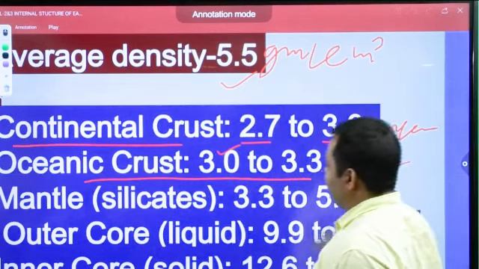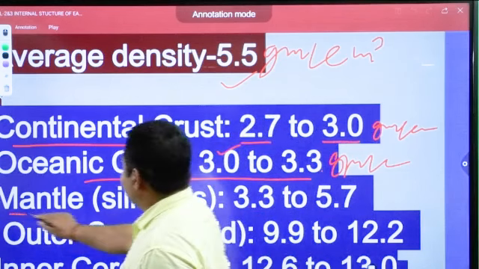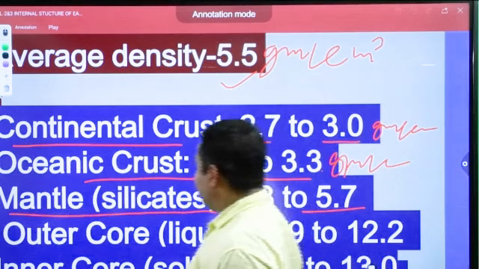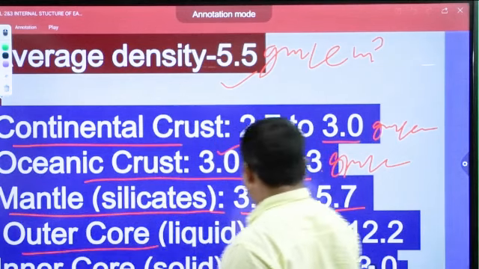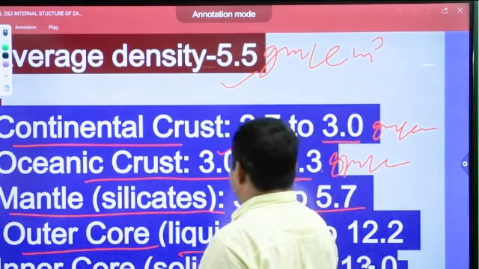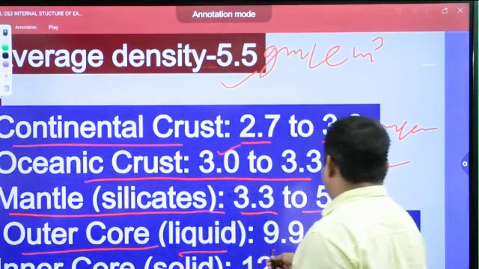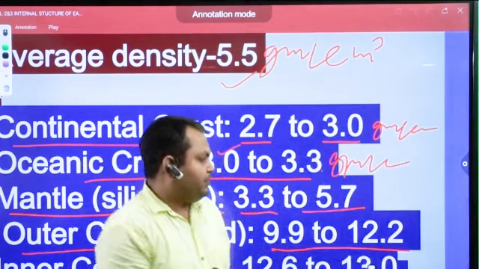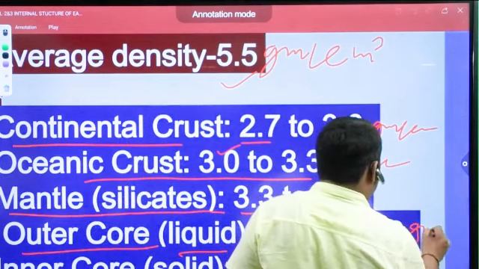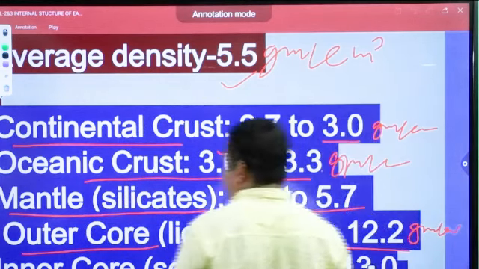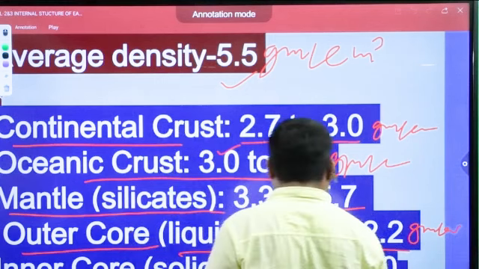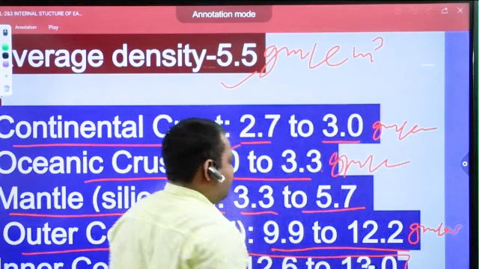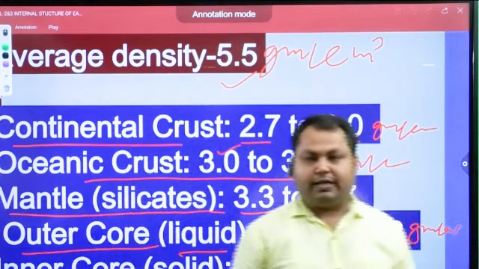The mantle has density 3.3 to 5.7, and the outer core is in liquid state with density from 9.9 to 12.2 gram per centimeter cube. The inner core is in solid state with density 12.6 to 13.0 gram per centimeter cube.